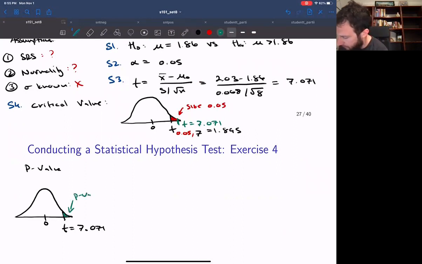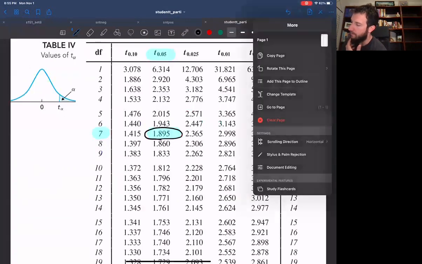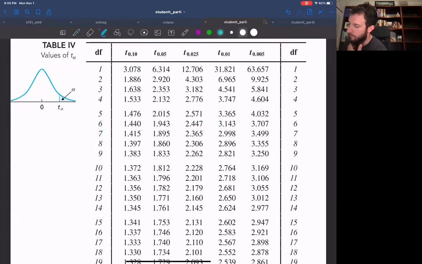So this is the p-value. So we have the p-value is the probability t is bigger than 7.071. And this is on 7 degrees of freedom. So we go to our t-table. We look up 7 degrees of freedom.